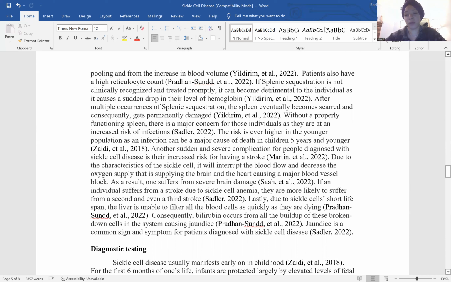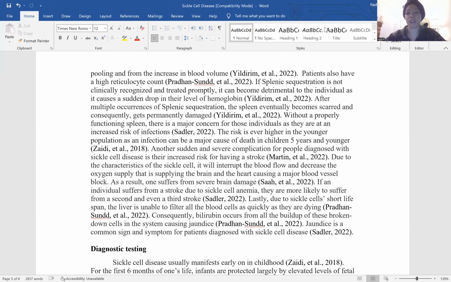If splenic sequestration is not clinically recognized and treated promptly, it can become detrimental to the individual as it causes a sudden drop in their level of hemoglobin. After multiple occurrences of splenic sequestration, the spleen eventually becomes scarred and consequently gets permanently damaged.